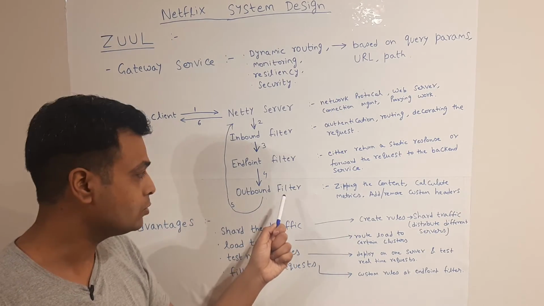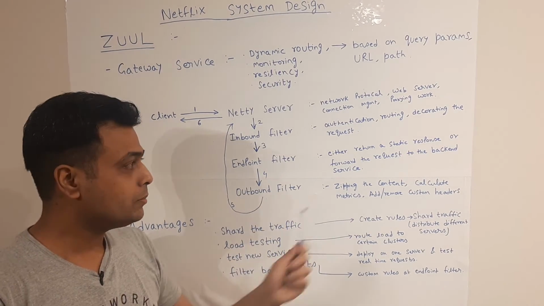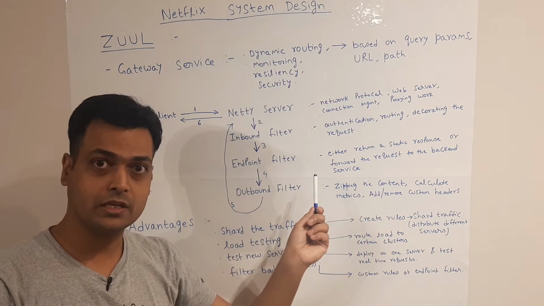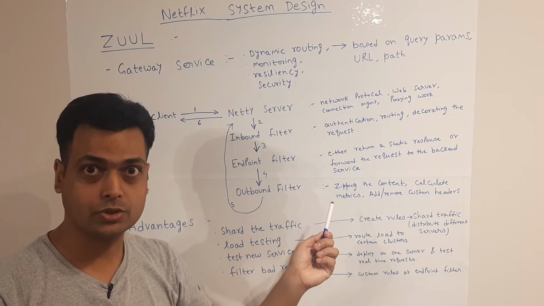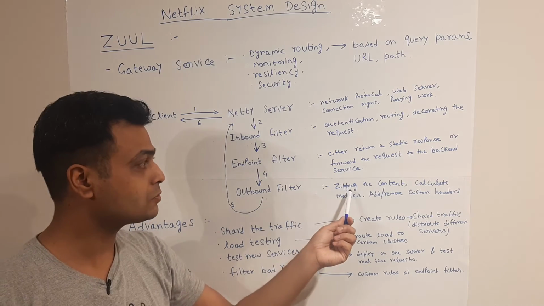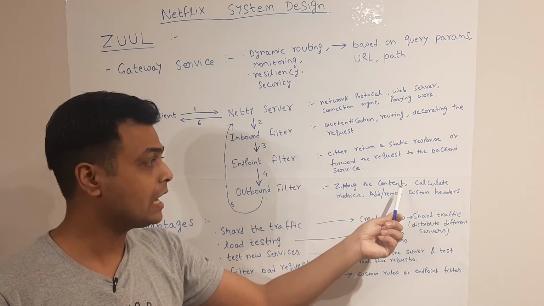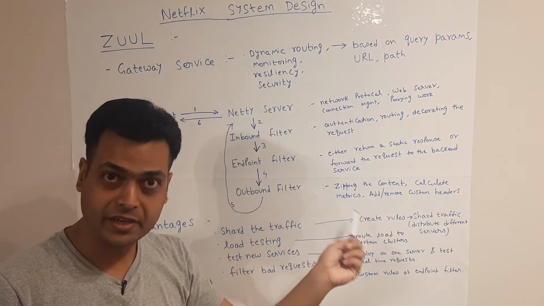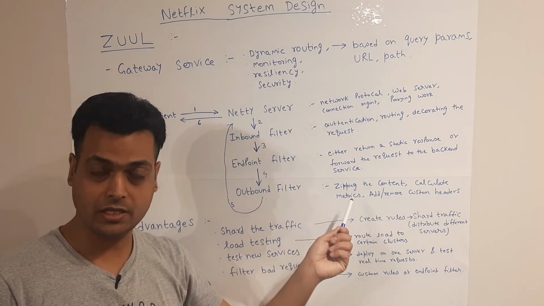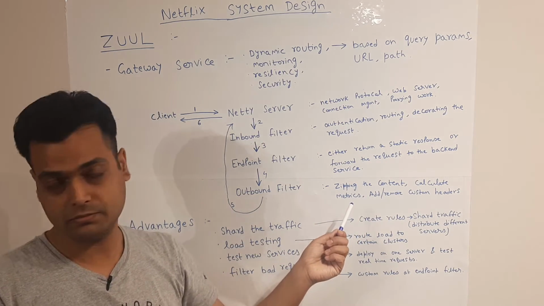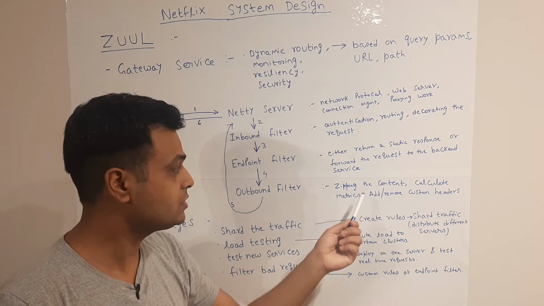What happens at the outbound filter is the backend service has actually returned a valid response, and then the valid response is zipped and the corresponding metrics regarding this backend service are stored in the backend to take care of metrics.